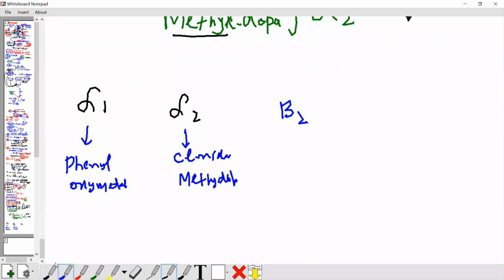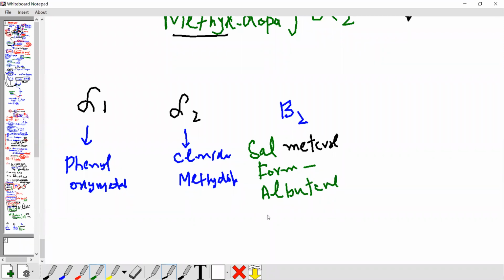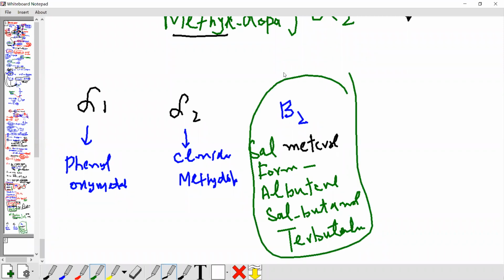For beta 2, it's for asthma: salmeterol, formoterol, next albuterol, salbutamol, next terbutaline. All these drugs for what purpose?